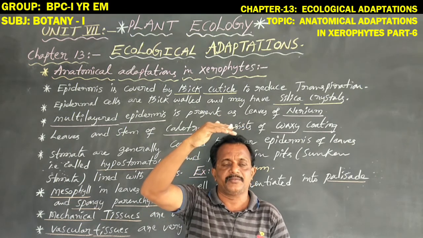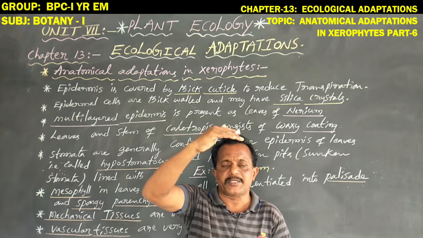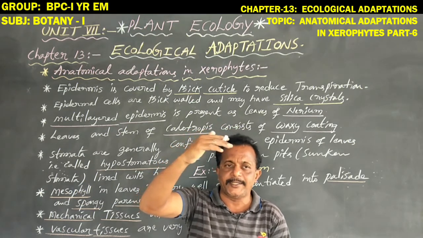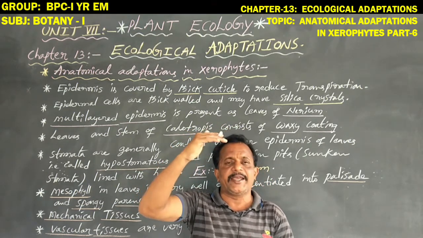Generally in the leaves of all plants there are two types of epidermis, the upper epidermis and the lower epidermis, and the upper epidermis is a single layer and the lower epidermis is a single layer.